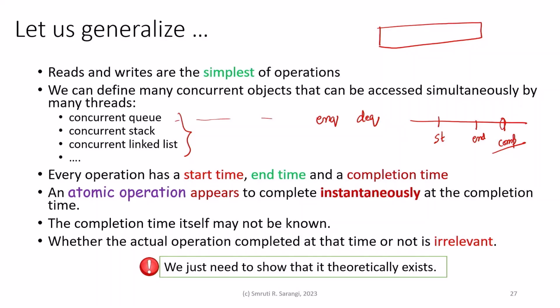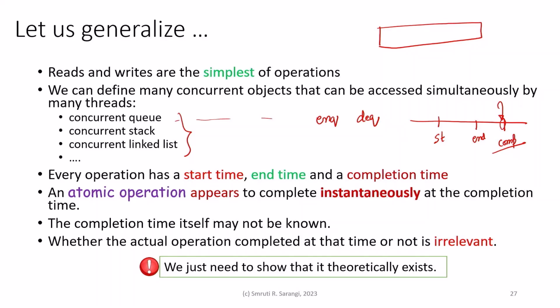Let's say that in the case of a queue, NQ goes through intermediate states, where you change different aspects of its state, but all of that is not visible. So others either see the operation is done or it is not done, which means the entire operation in a certain sense appears to execute instantaneously at this point, which is the completion time. All right. So this is also known as atomic. The completion time does not have to be explicitly known.